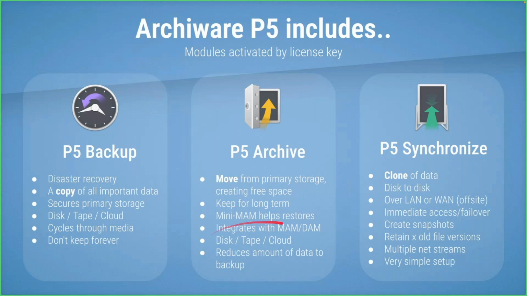And then we have a mini media asset management interface to make it easy to go find stuff that you archived years later and recover it back to disk if you need it to repurpose or for whatever reason. It kind of works at the same time with OWC Jellyfish OS, which also has a media browser for the online stuff.